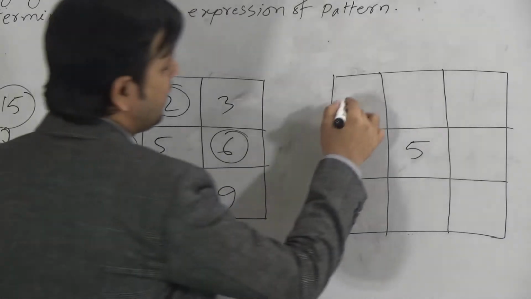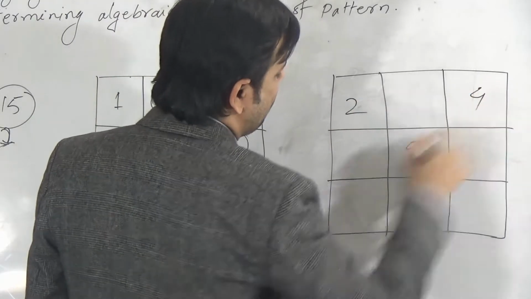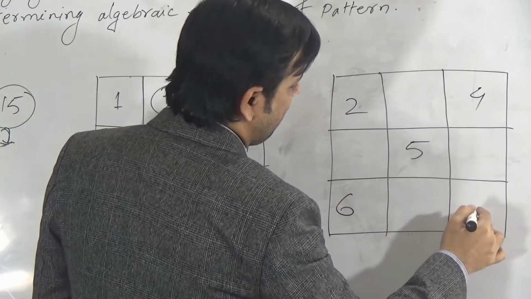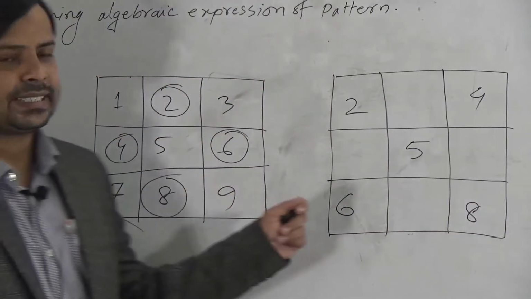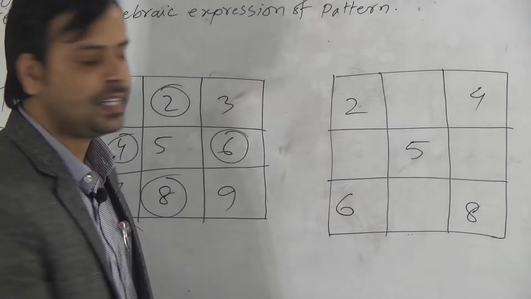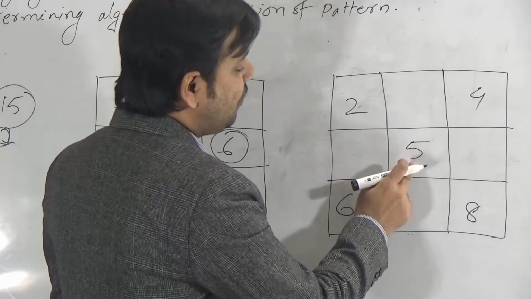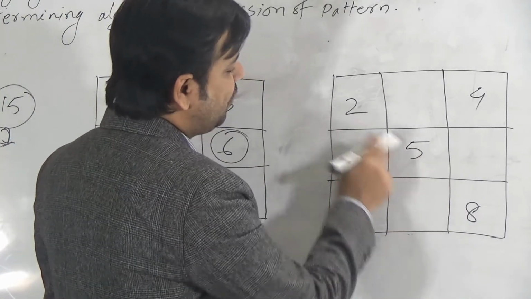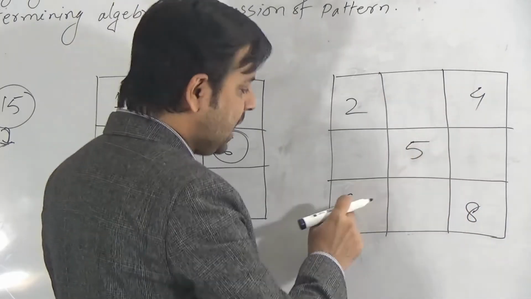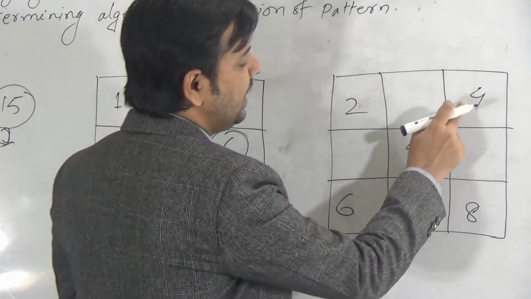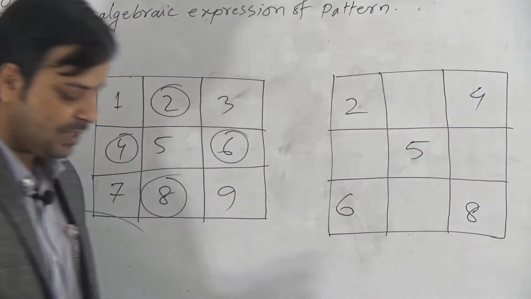So write these in the corner grids: 2, 4, 6, 8. Now you can check. The diagonal sum will be 15. 2, 5, 8: if you add 2, 5 and 8, 15. So diagonal sum is 15. In this diagonal, 6, 5, 11 and 4, 15. So diagonal sum is 15.